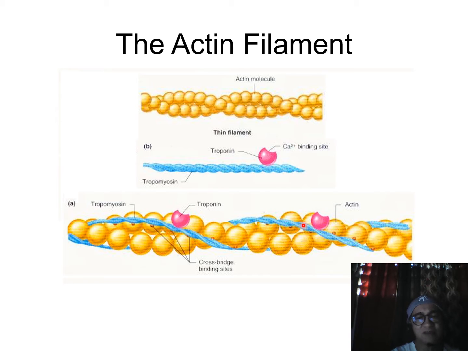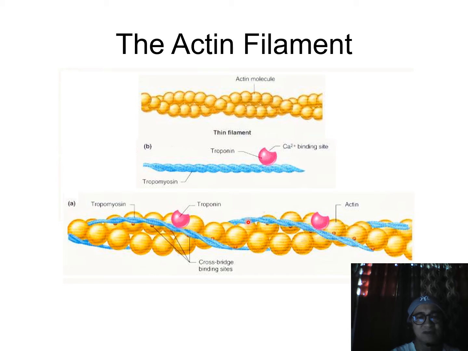But when the muscle is stimulated, this tropomyosin that blocks the myosin head cross bridge binding sites of actin will be displaced, such that the actin binding sites for myosin heads will become exposed, allowing for interaction between myosin head and actin.